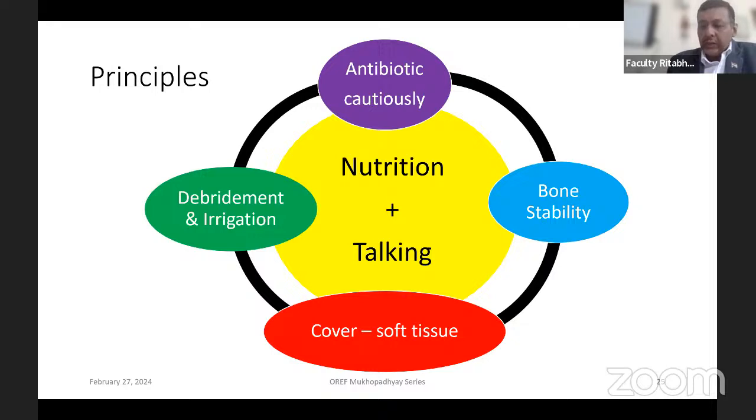Give antibiotics very cautiously. If ever to be given, always give a combination of two, never a single. If you are going for the infection elimination first strategy, then the quality of the debridement is fundamental.